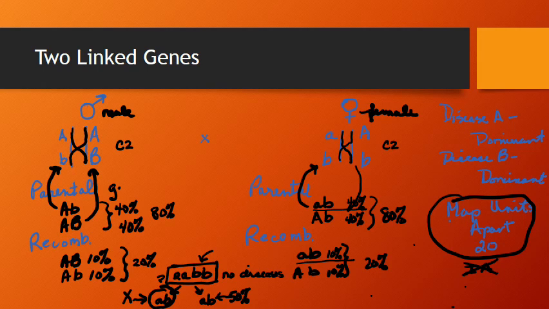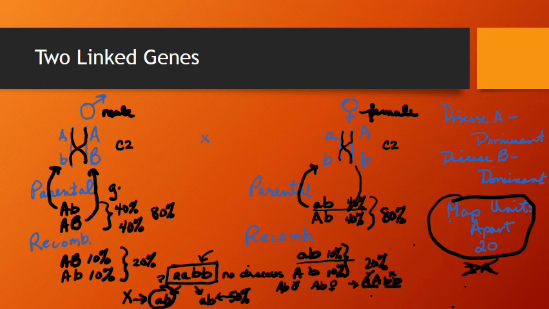For example, suppose we were looking for the possibility that we would get the genotype dominant A, dominant B from our male and dominant A, little b from our female, for the final genotype AA, little b, meaning that the child will have disease A but will not have disease B. So I'll put a little check mark here and an X here.